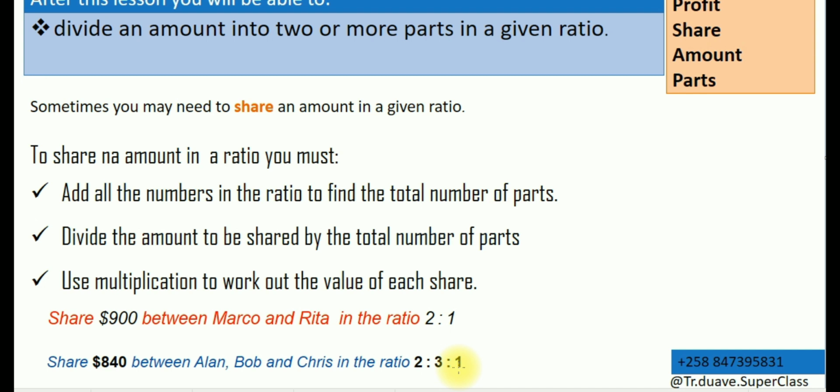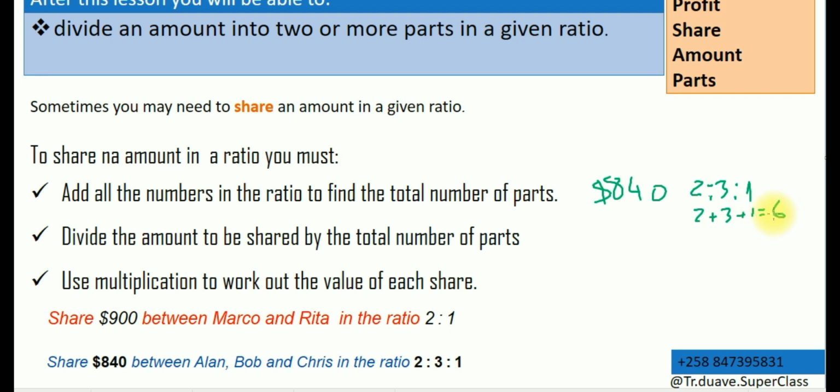The amount is $840, and which is the ratio? 2 to 3 to 1. The first step is to add all the numbers in the ratio. 2 plus 3 plus 1 equals 6.